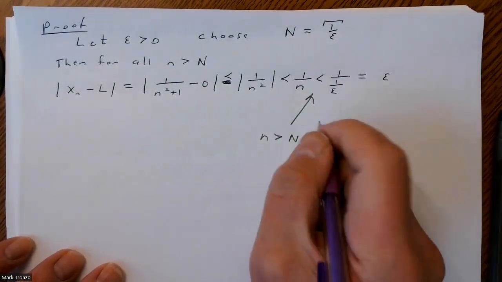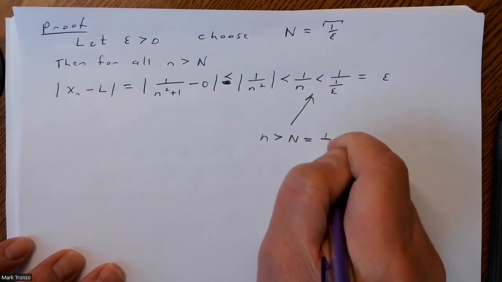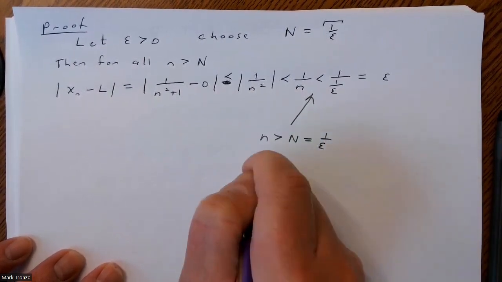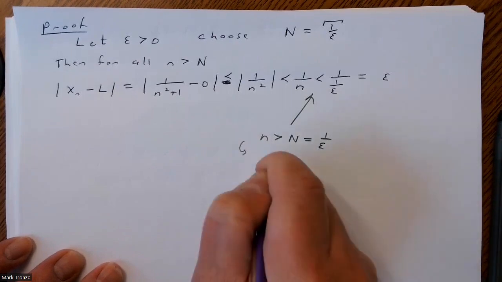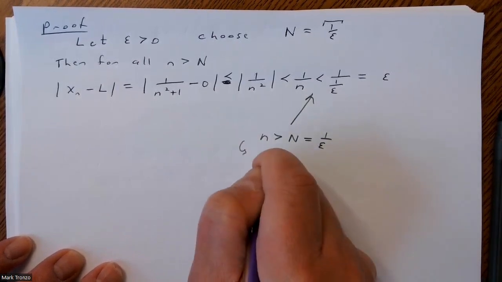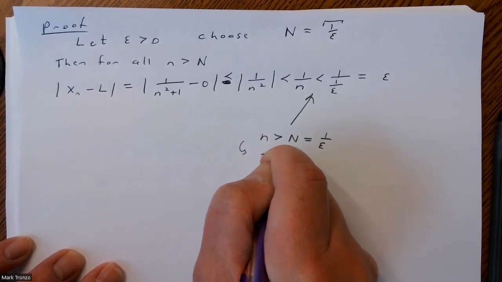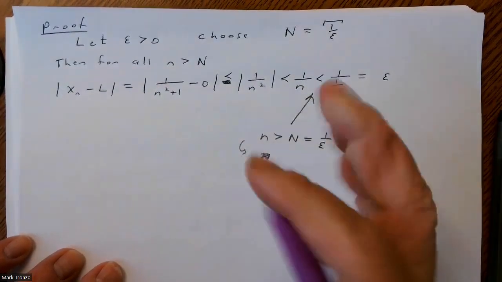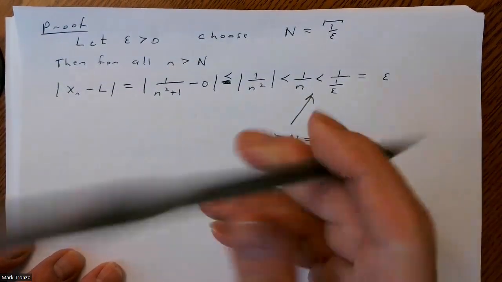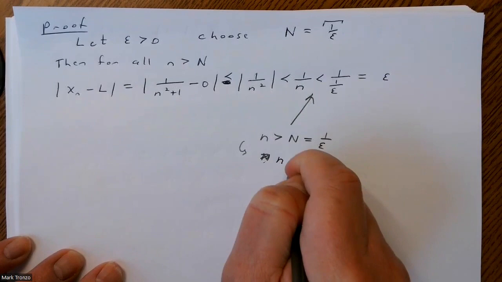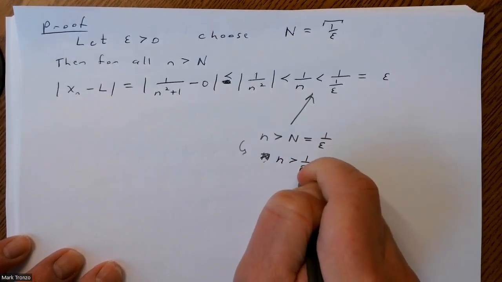So this is going to be equal to 1 over epsilon. Let me go down here, then we can say that N, excuse me, small n, is greater than 1 over epsilon.